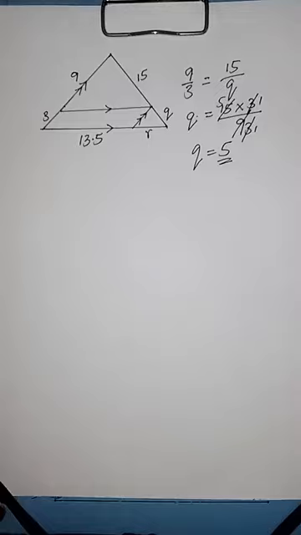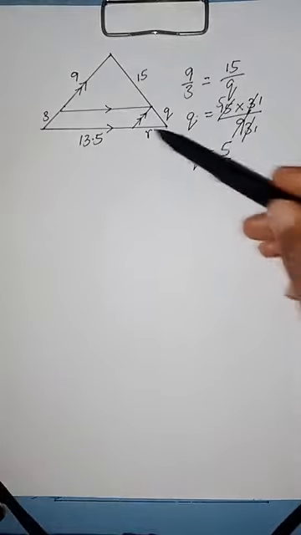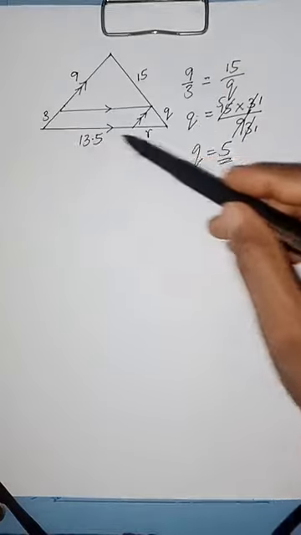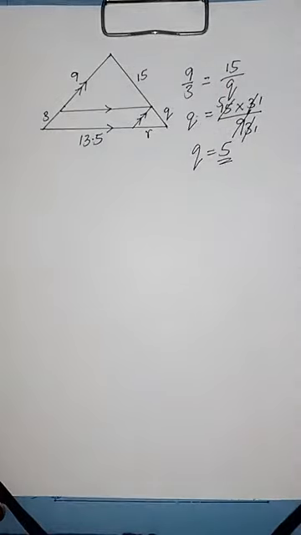Again, we're going to compare ratios. But again, we have to be very careful of the ratio we compare. Now, we'll consider the entire triangle again. This time around, we'll consider this side of the triangle. So I've gotten a value for Q, which is 5.